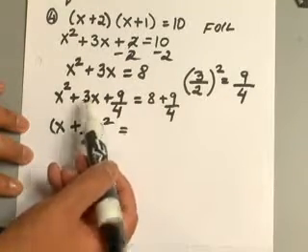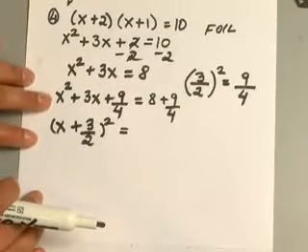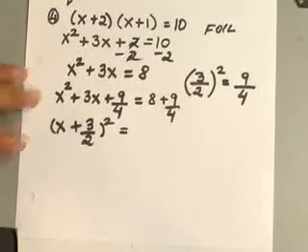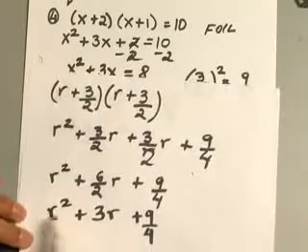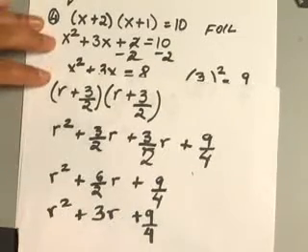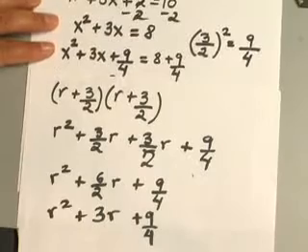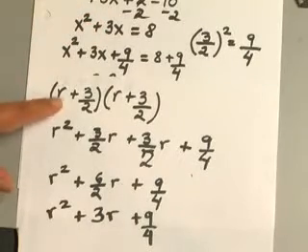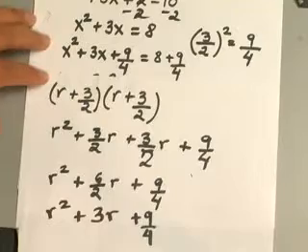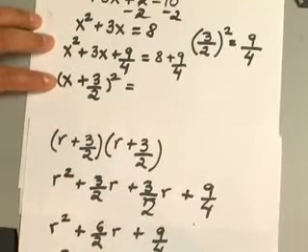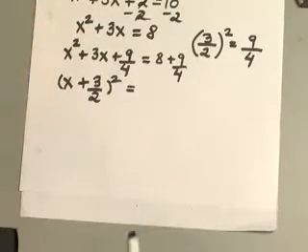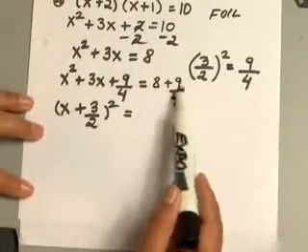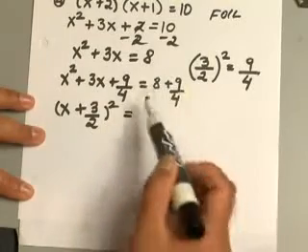Because when you add 3/2 plus 3/2, you will end up with 6/2. 6 over 2 will reduce down to 3, because again, remember, we had seen the same exact formula a little bit ago, if you remember it. See, right there we had r squared plus 3r plus 9 over 4. That's the same thing we have here, only in terms of x, and even then we had factored it out into r plus 3 halves, and here you have x plus 3 halves. So very similar to what we had earlier.